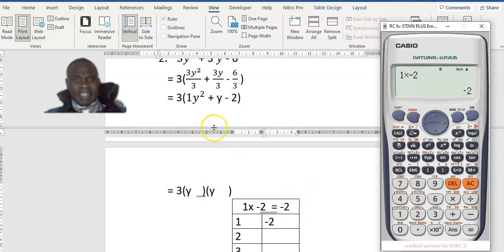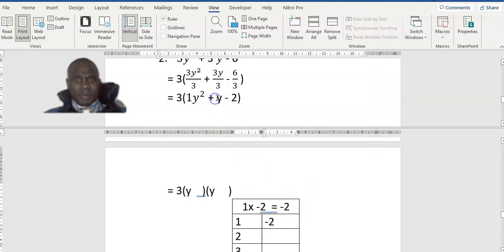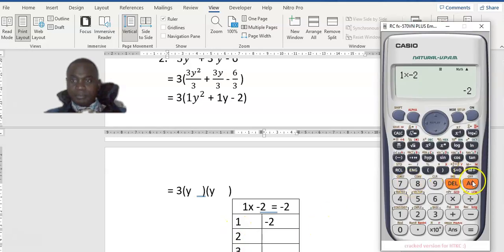Let's see whether it's satisfied. Remember, the number here is what? 1. So let's see if we add this, we are going to get +1. So 1 minus 2, what does it give you? -1. It doesn't satisfy that one. This is +1, but we have -1.